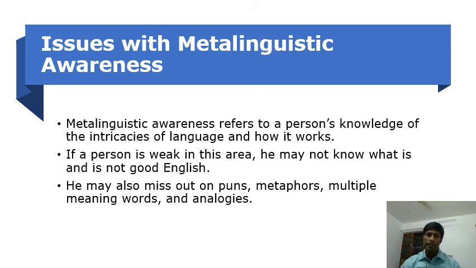Issues with meta-linguistic awareness. Meta-linguistic awareness refers to a person's knowledge of the intricacies of language. Intricacies of language means there are a lot of things in the language and how it works. That awareness may be a problem for the students. If a person is weak in this area, he may not know what is and is not good English. He may also miss out on puns.